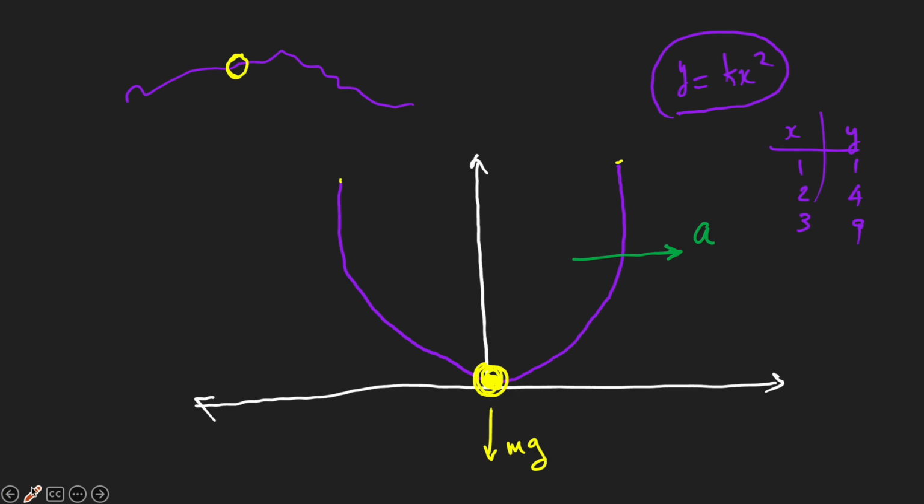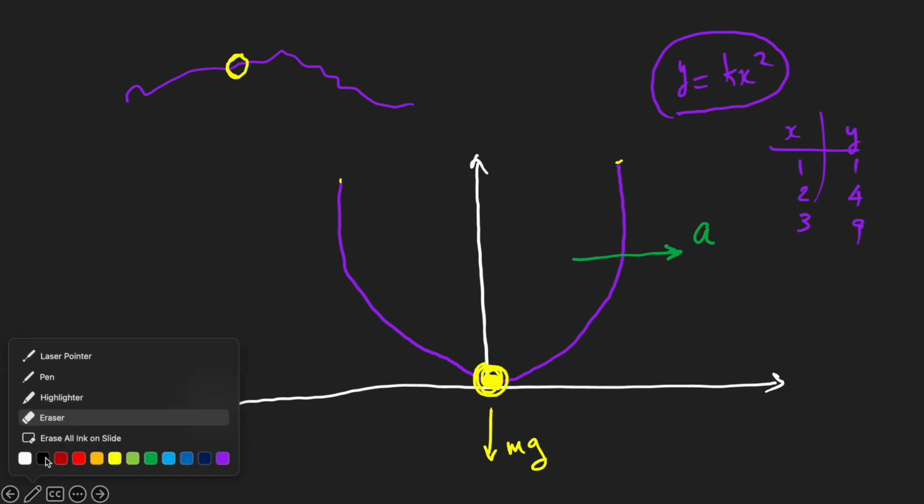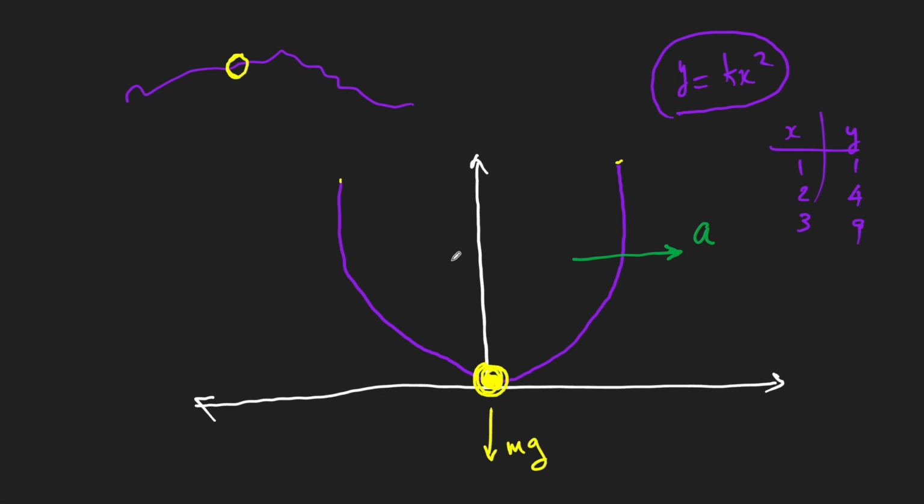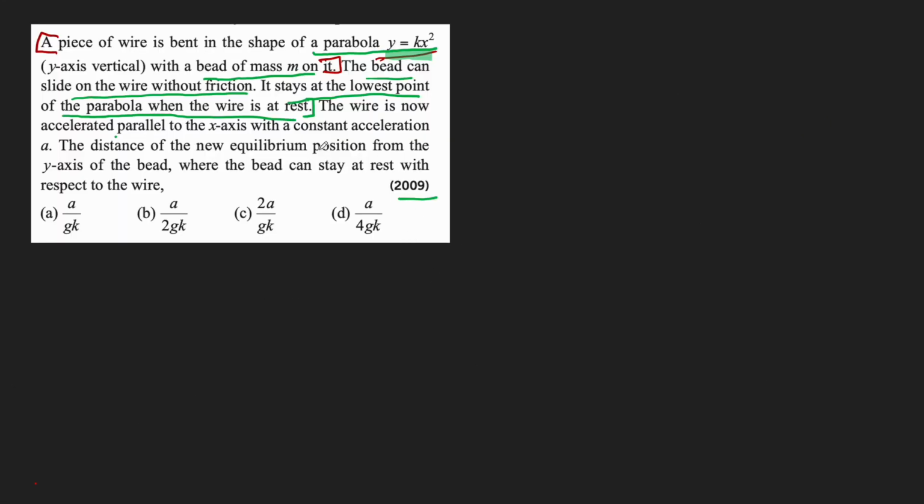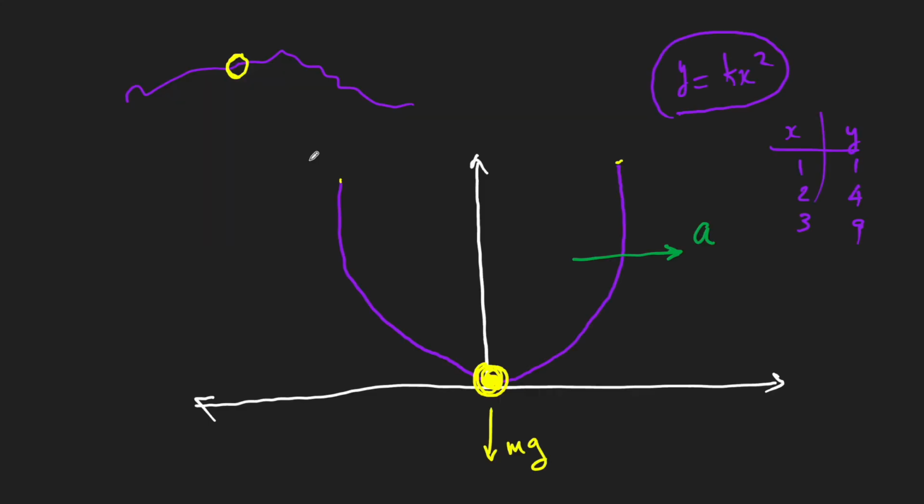So naturally what happens, the bead must have moved to some other location. Okay, let's see what the question says. The wire is now accelerated parallel to the x-axis with a constant acceleration a. The distance of the new equilibrium position of the bead from the y-axis, where the bead can stay at rest with respect to the wire. Okay, the question is this.